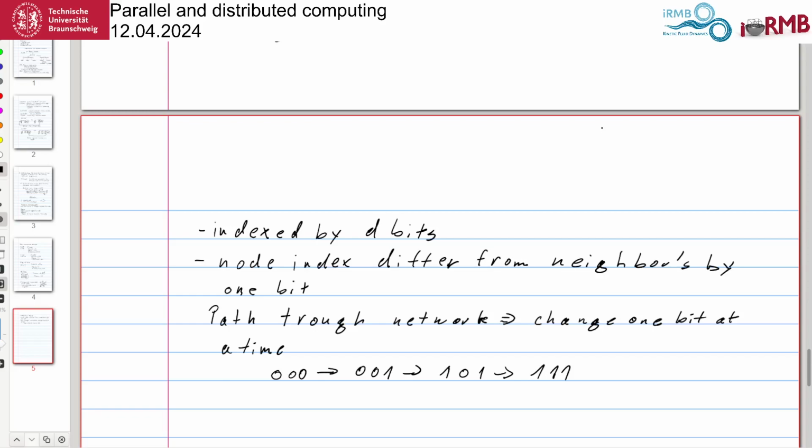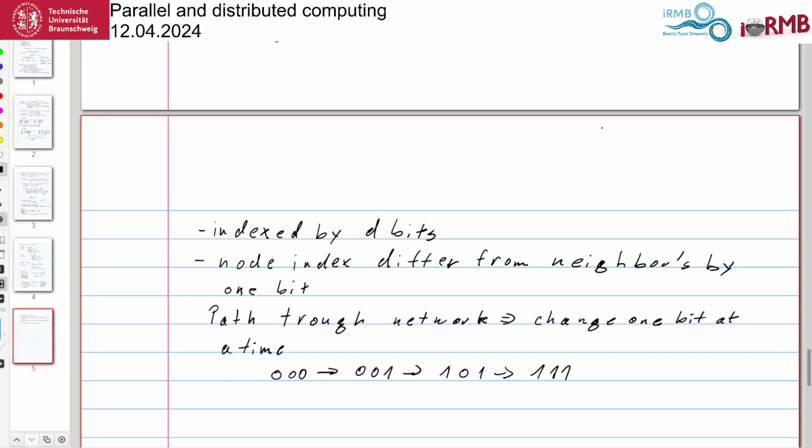You look at which bits are different. You change just one bit, then go one further, and you do this until you have changed all your bits to match. So this is how you get where you want to go.